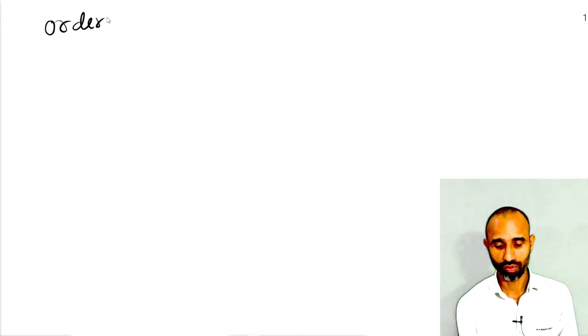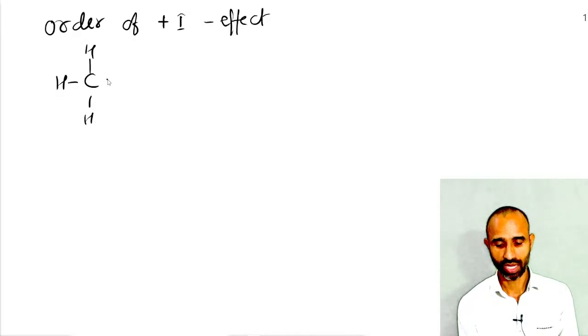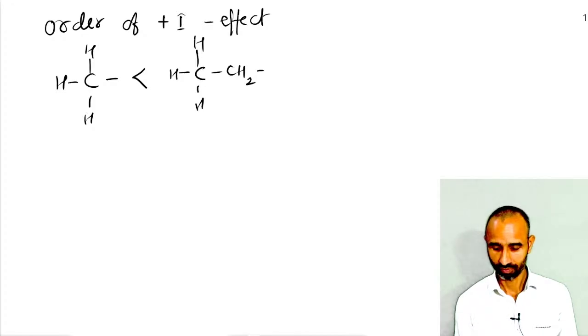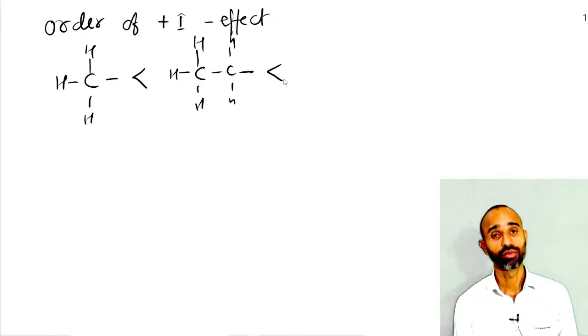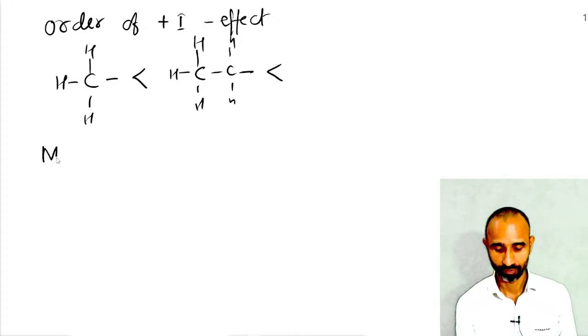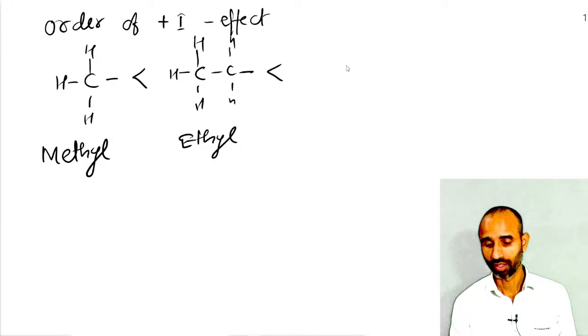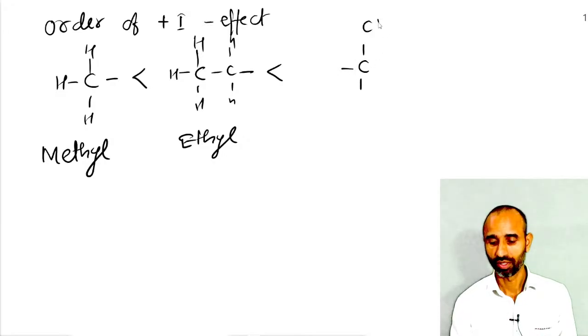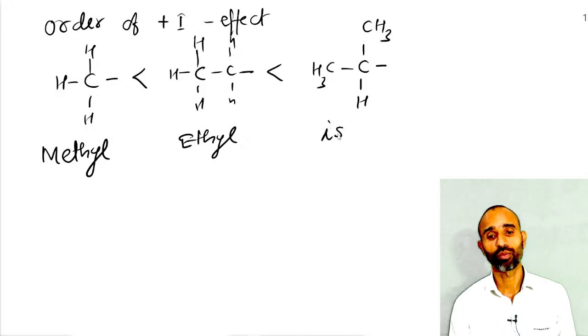So order of plus I effect: ethyl has greater plus I effect than methyl, and if two methyl groups are attached, that is called isopropyl.